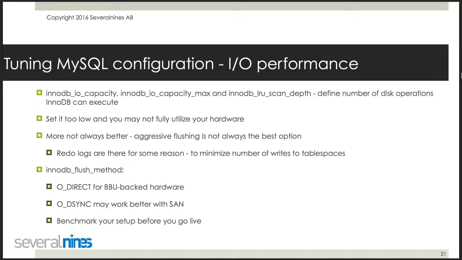On the other hand, I've seen O_DSYNC setting which works better with storage area networks, especially I've seen it on EBS volumes. So again, benchmark your setup before you go live with production.